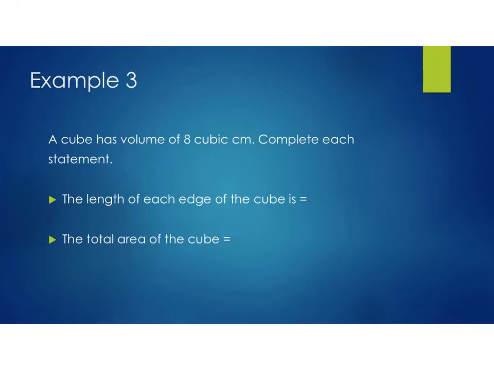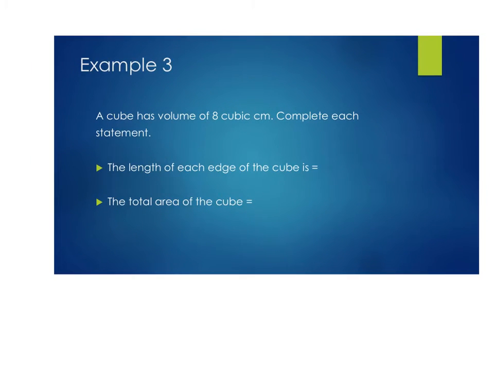Okay, next slide. All right, example 3. A cube has a volume of 8 cubic centimeters, and it wants us to complete each statement. We already covered volume, so I need to find the length of each edge of the cube.